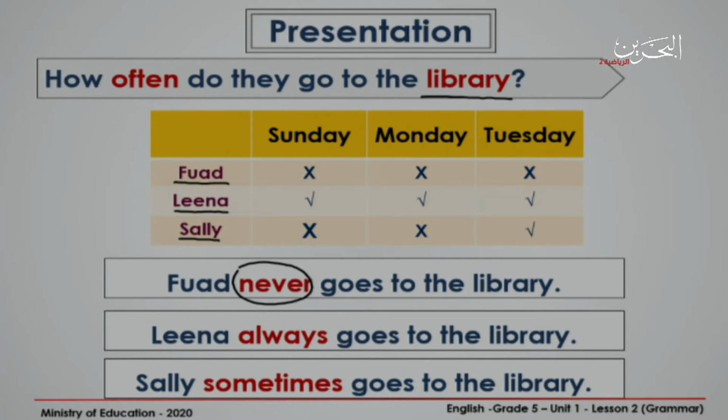He doesn't have any tick. Lina always goes to the library. Look at Lina. Her row is filled with ticks. Sally sometimes goes to the library. Look at her row. She only has one tick.